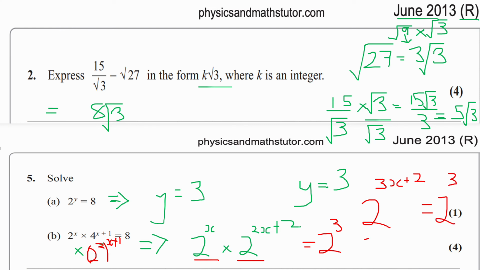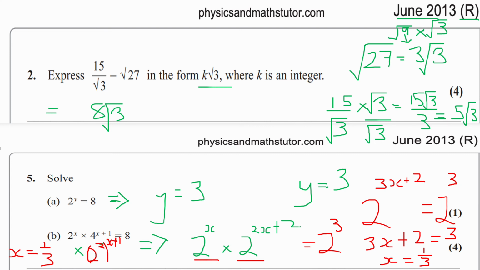Comparing the powers of 2, I have 3x plus 2 is equal to 3. I've got a linear equation that I can just solve. Subtracting 2 on both sides and then dividing by 3, we get that x is equal to 1/3. You can check your answer by substituting that into the equation, and you will get that the left-hand side is equal to the right-hand side, guys.